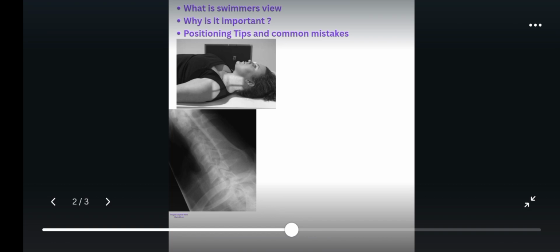I would like to state that CT is the preferred imaging modality to visualize this joint. But where there is no CT or the cost cannot be borne, radiographers have to know how to produce this image in a better way.